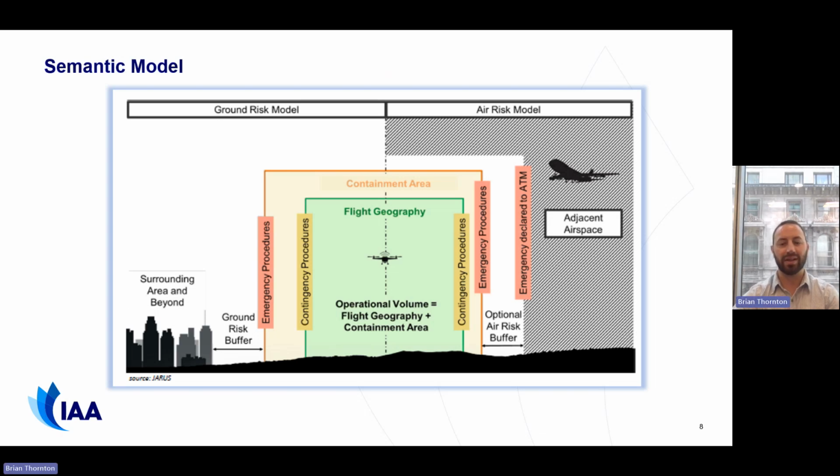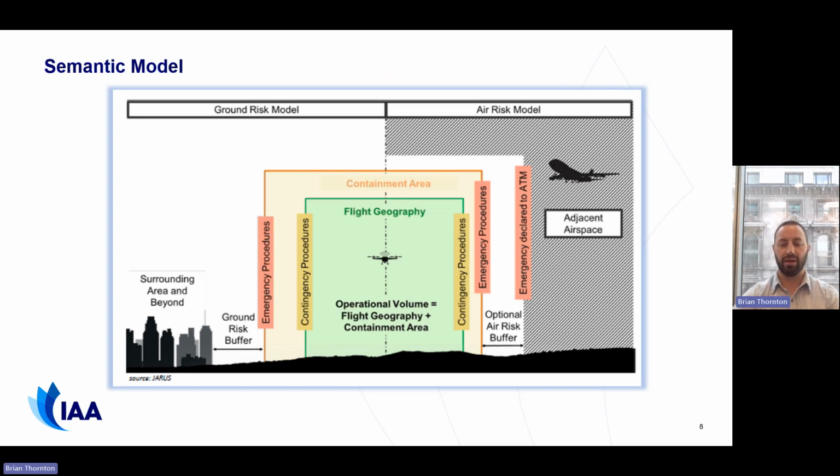What that means is that the UAS operator will have to do some action within the containment area so that if it is to leave the containment area, your drone will land within your ground risk buffer. And you will see in the ground risk model, the ground risk buffer can apply to, say, an area whereby if there's a loss of control, your drone will land within that area that you have measured and consolidated within your flight plan.